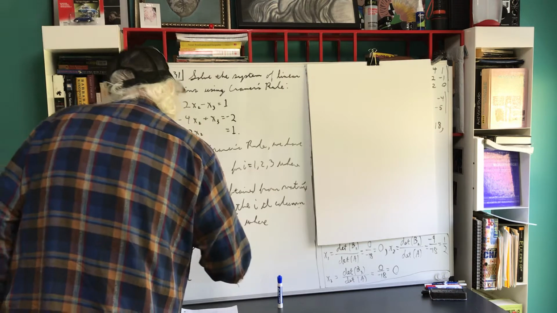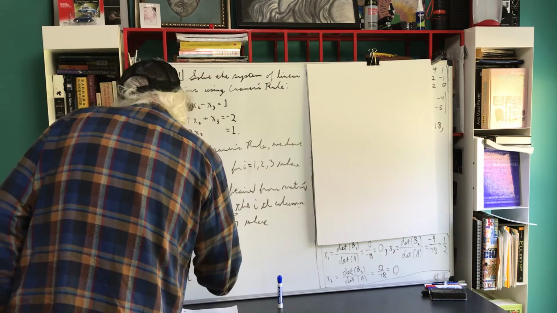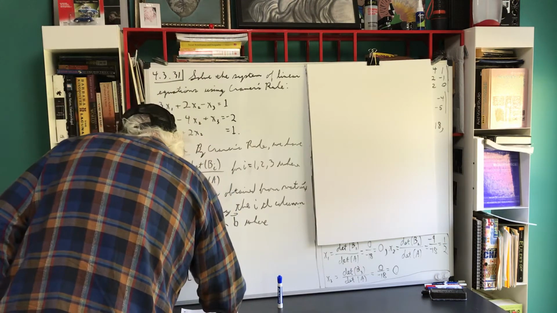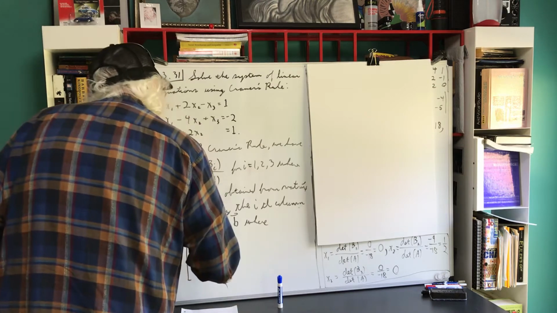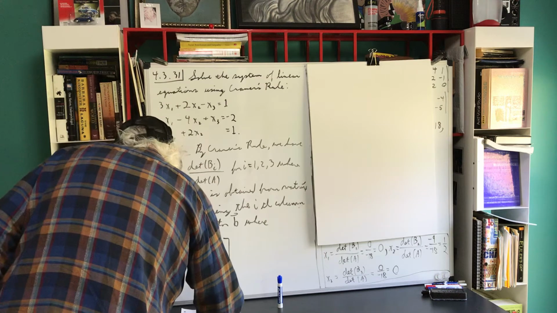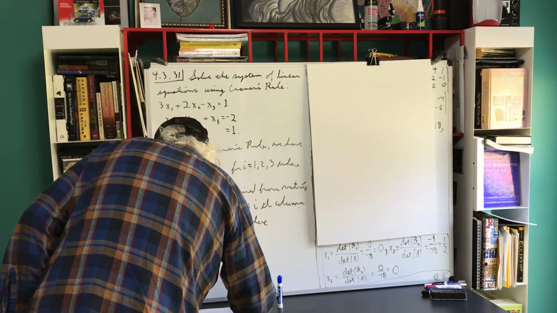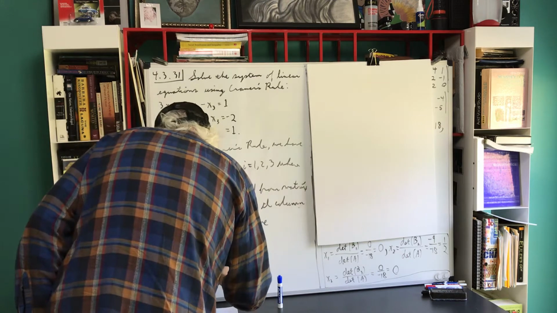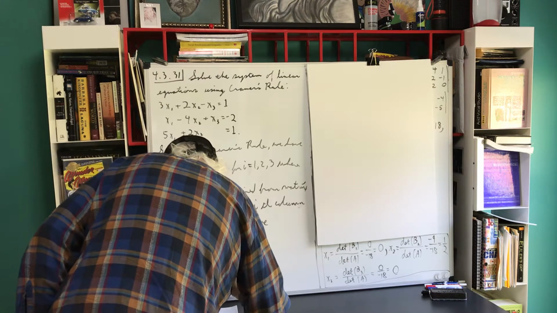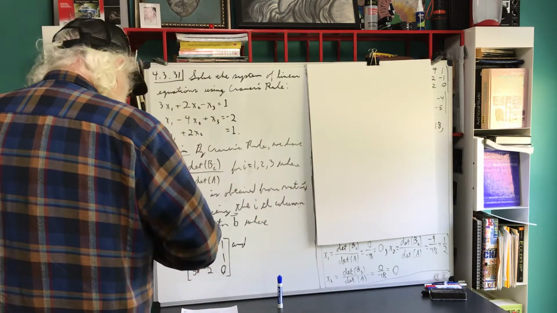So 3, 2, negative 1 for the first row. 1, negative 4, 1, second row. Third row, 5, 2, 0. And vector B would be the right-hand sides as usual. Let me color code that because I got my reasons.